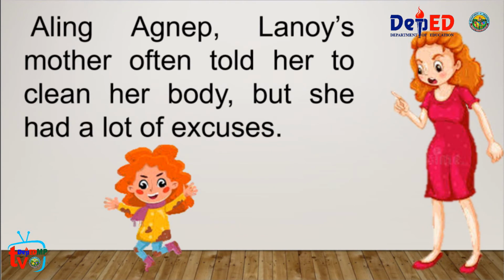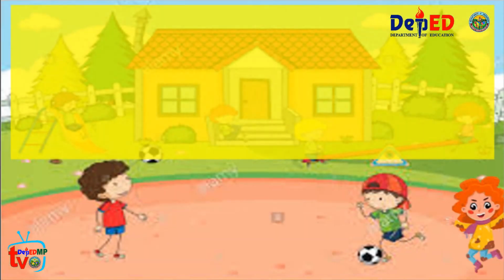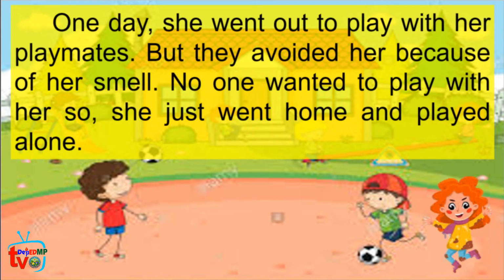Aling Agnup, Lanoy's mother, often told her to clean her body, but she had a lot of excuses. One day, she went out to play with her playmates, but they avoided her because of her smell.